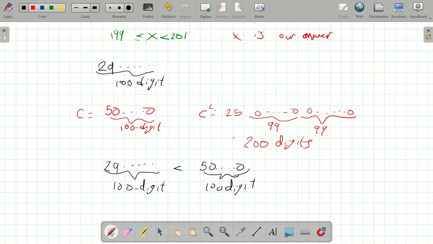And we know that this number has more digits if we square it.